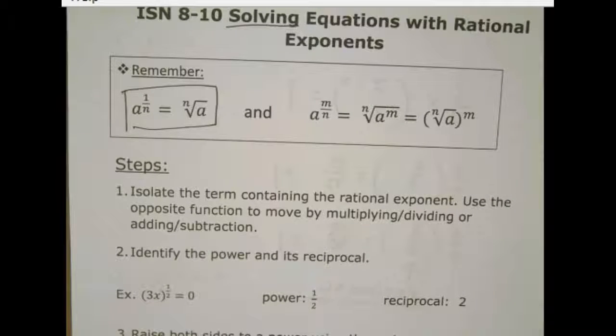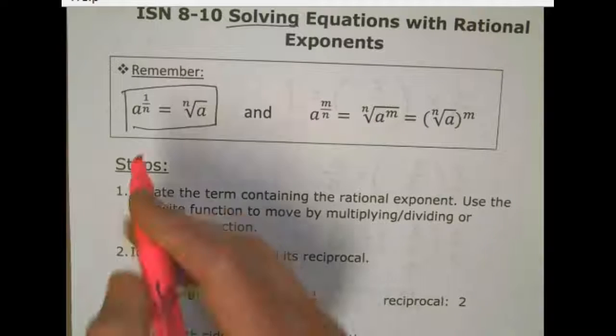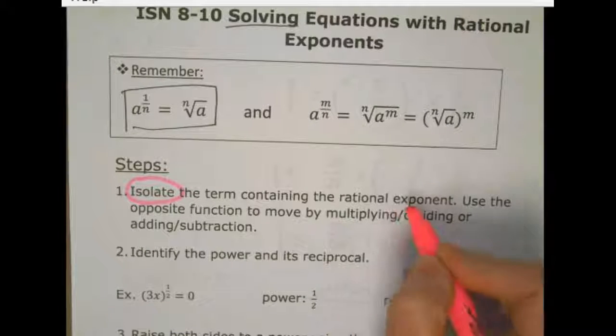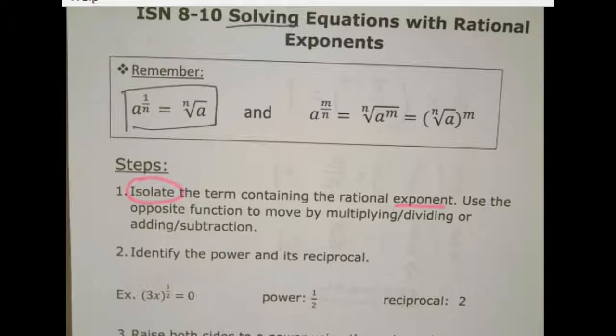Once again, what is the first word in the first step? Isolate. This time we're going to isolate the term with the exponent, and that's usually going to have a parentheses around it.